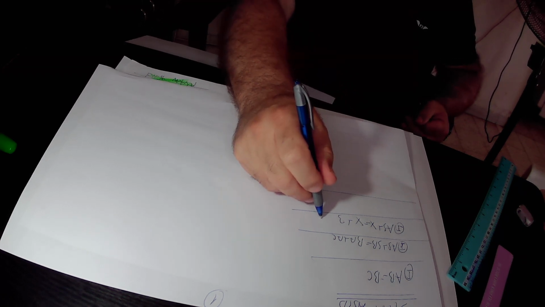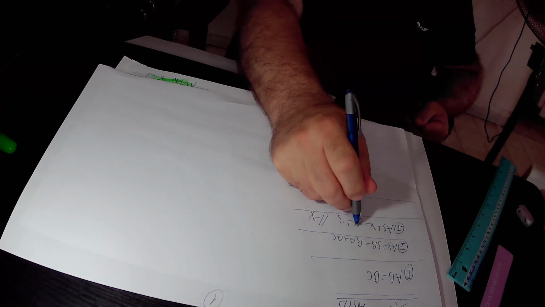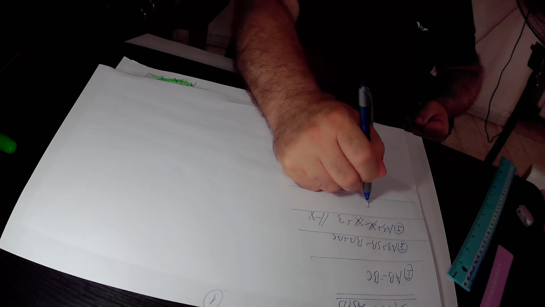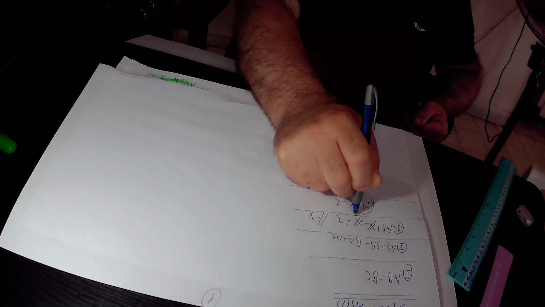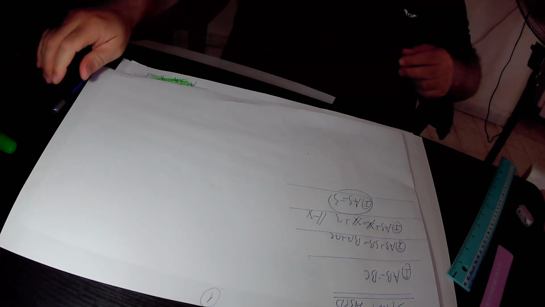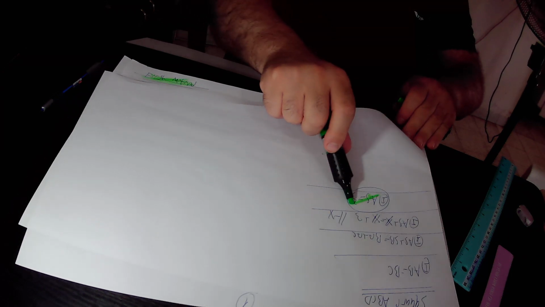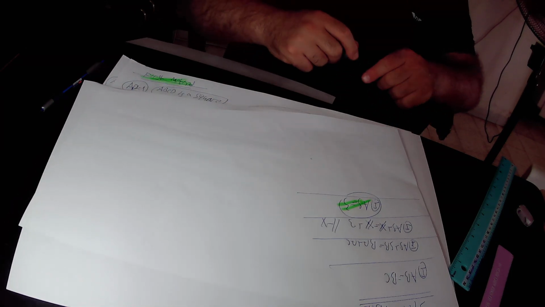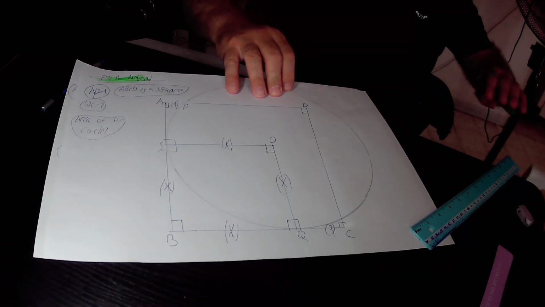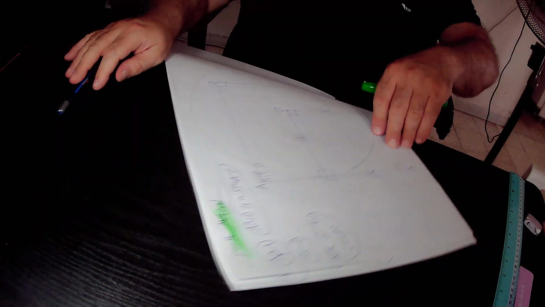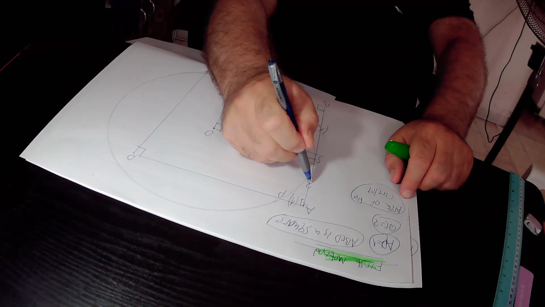Here we subtract X from this equation, so X gets cancelled, and we are left only with AS, which equals 3 units in length. So the missing side AS equals 3 units in length.